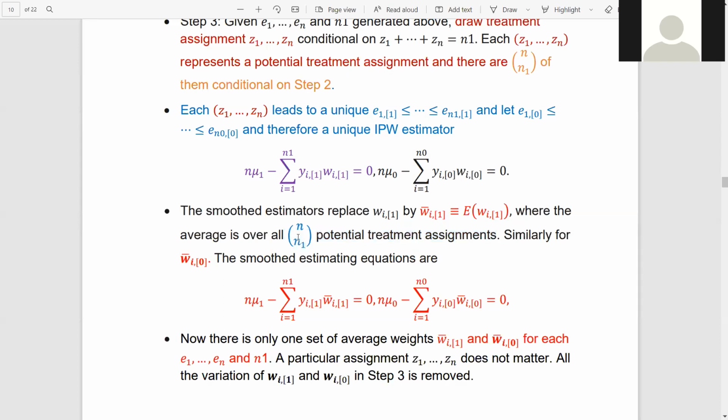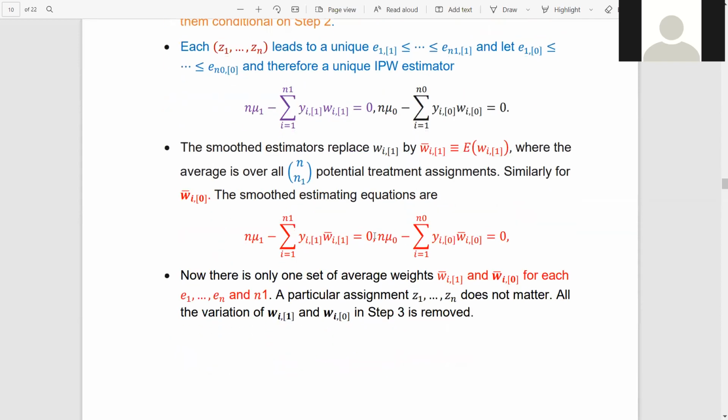In fact, each of these potential assignments has a probability. So we're going to average over the probability of that distribution. So now the smooth estimating equation is very similar. All we need to do is replace the original weights by the average. So this is the average. We get the average.